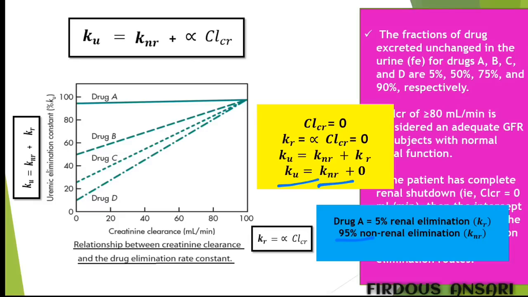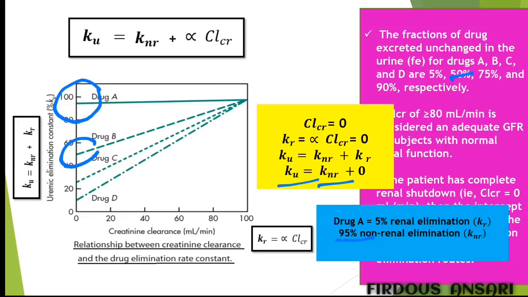So that's why drug A is over here, at 95%. Similarly, drug B is eliminated 50% via renal route. That means 50% is eliminated via non-renal route, and the non-renal elimination rate constant equals the total elimination rate constant in a uremic patient. So you can find drug B at 50%.